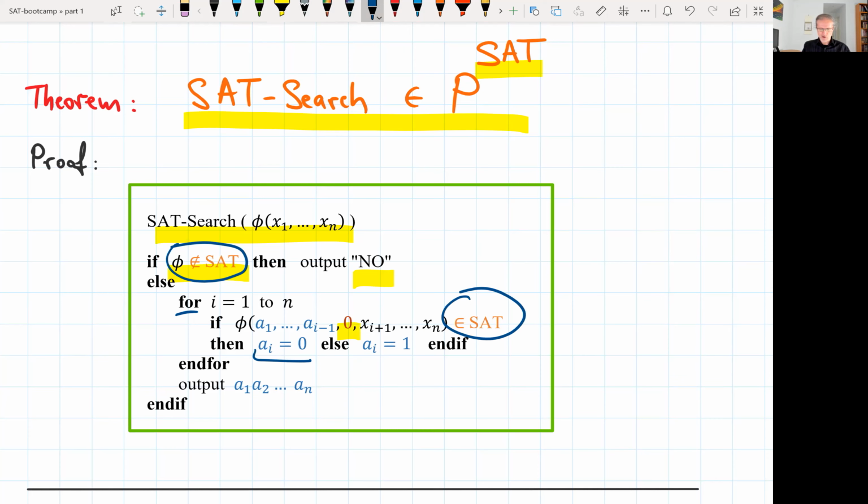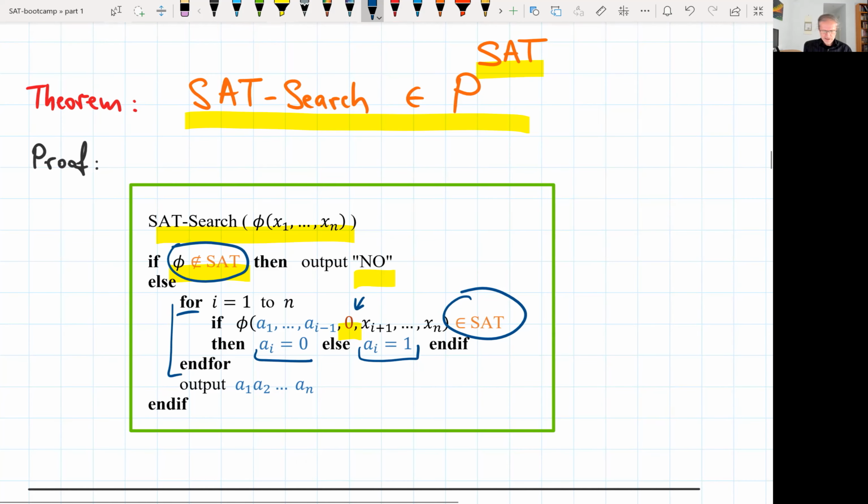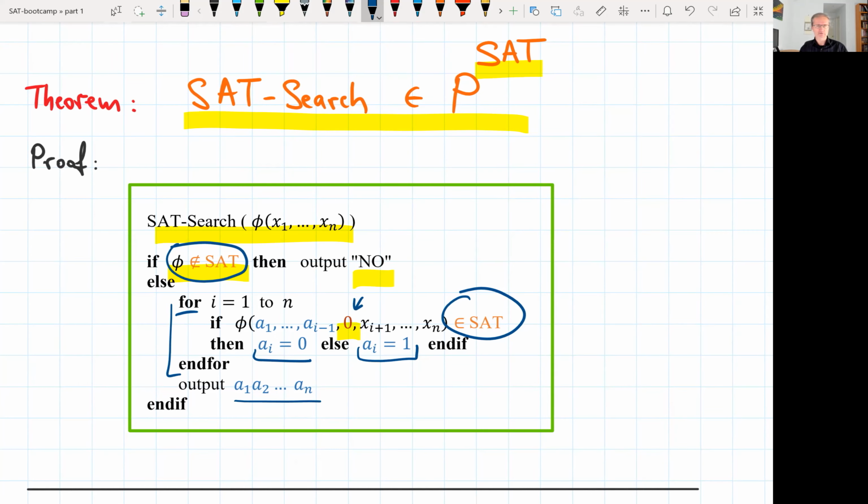Otherwise, if this formula with 0 plugged in the ith place is not satisfiable, then I know that the variable in that position must be equal to 1. And so I freeze my ai to be equal to 1 in this case, and I continue for the next index i. Once I'm done with this for loop, I output the found frozen values for the bits a1 through an, and it's guaranteed to be a satisfying assignment based on the algorithm, which is pretty simple to see.